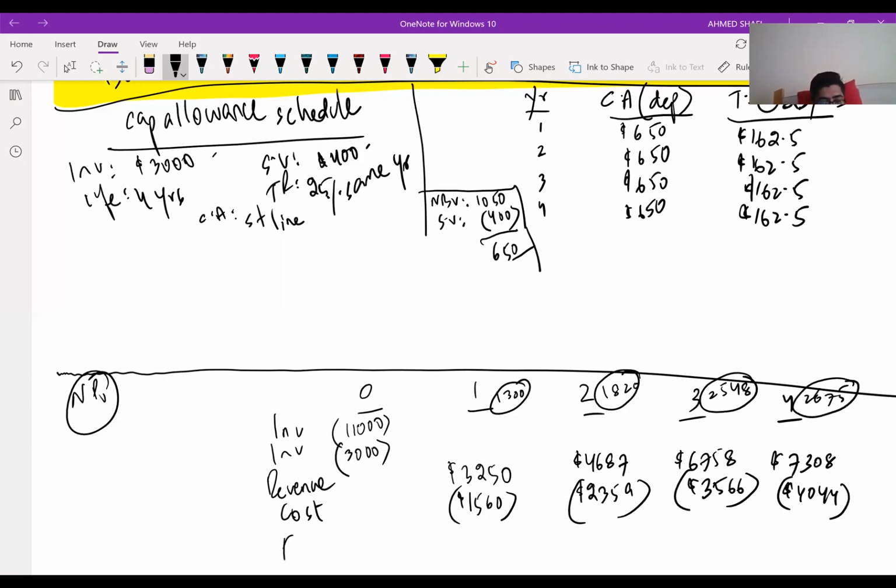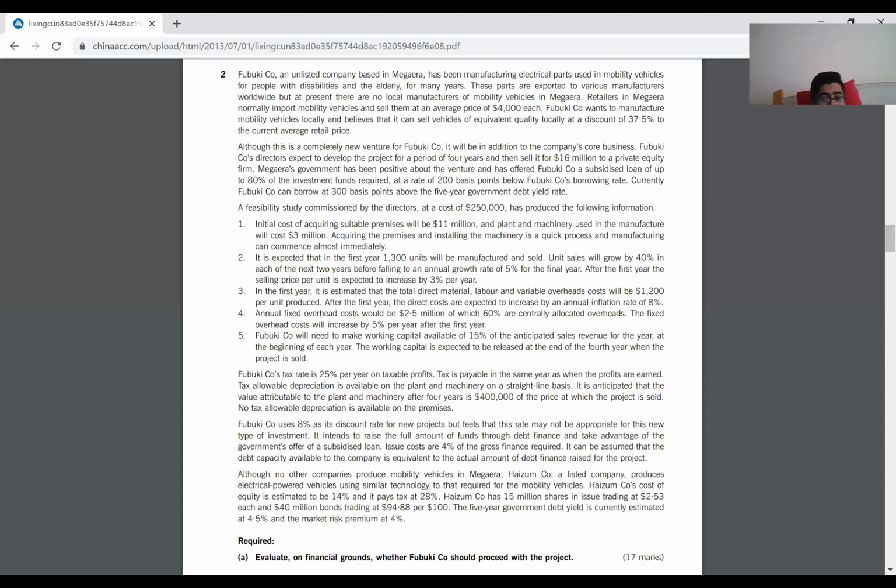It's 1,000 in first year. How come 1,000? We are seeing some other figure. So fixed cost 2,500 each year. 60% are centrally allocated. Centrally allocated are irrelevant. Only 40%, 1,000 will be relevant, and 5% each year after the first year.